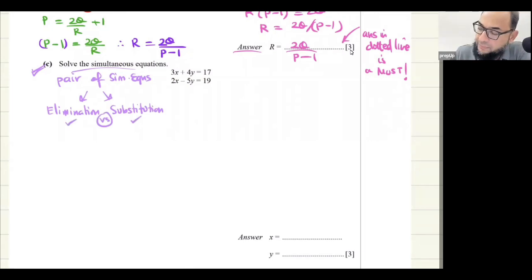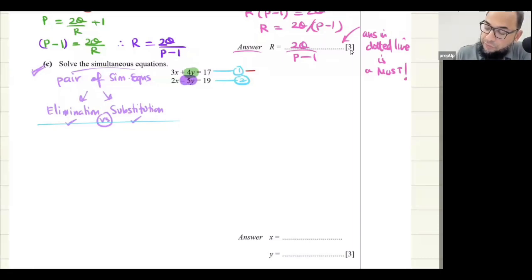This is also good. So now over here, what we can do is this. If I call this equation 1 and this equation 2, look at the sign of this positive 4y. Look at the sign of this negative 5y. I can get rid of that.